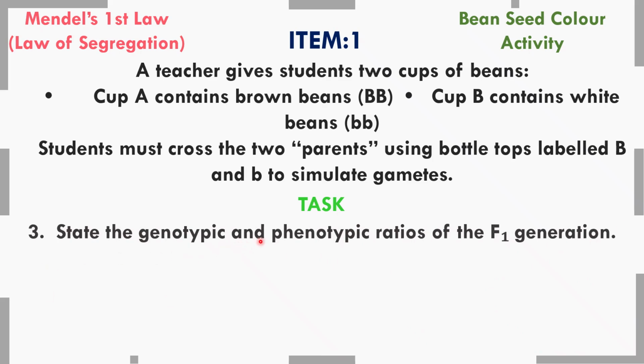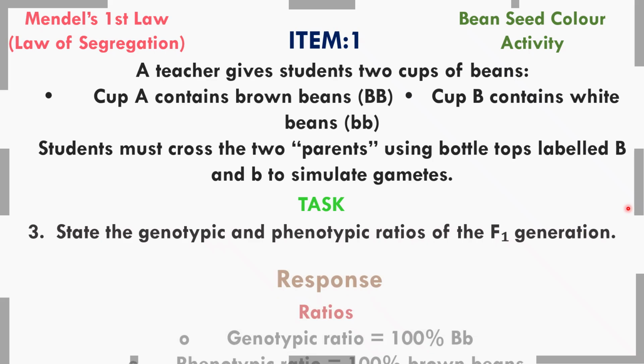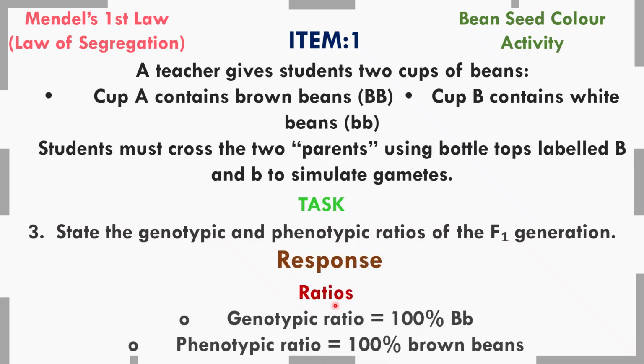State the genotypic and phenotypic ratio of the F1 generation. The ratios: genotypic ratio is 100% capital B small b. Phenotypic ratio: 100% brown beans.